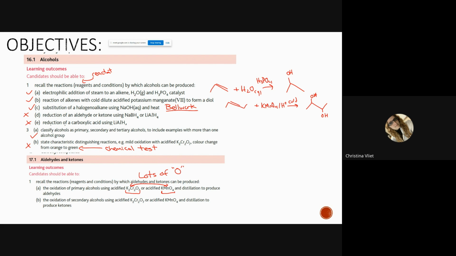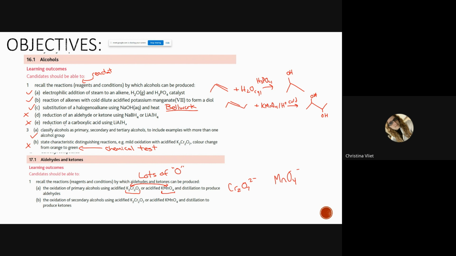If I didn't include the spectators, how would I have written them? You could also write this as Cr2O7 2 minus. And this is how it's sometimes written in some questions. Don't let this throw you off. They're just not including the metal spectator ion. Or MnO4 minus. And if they said words, what would they say? Like they could also say words.